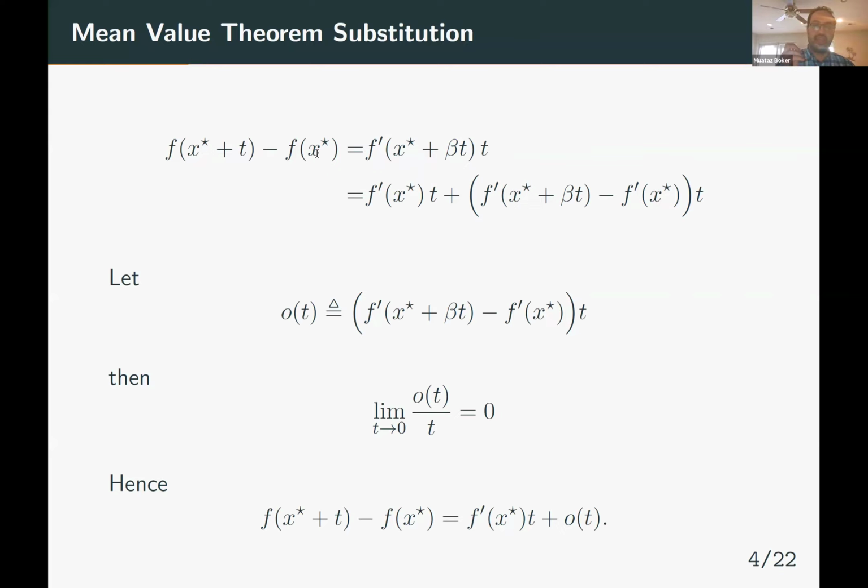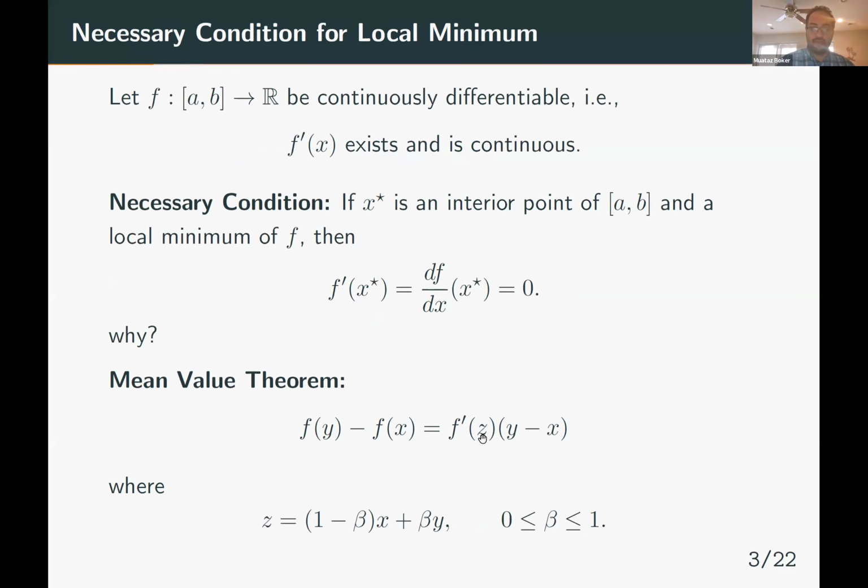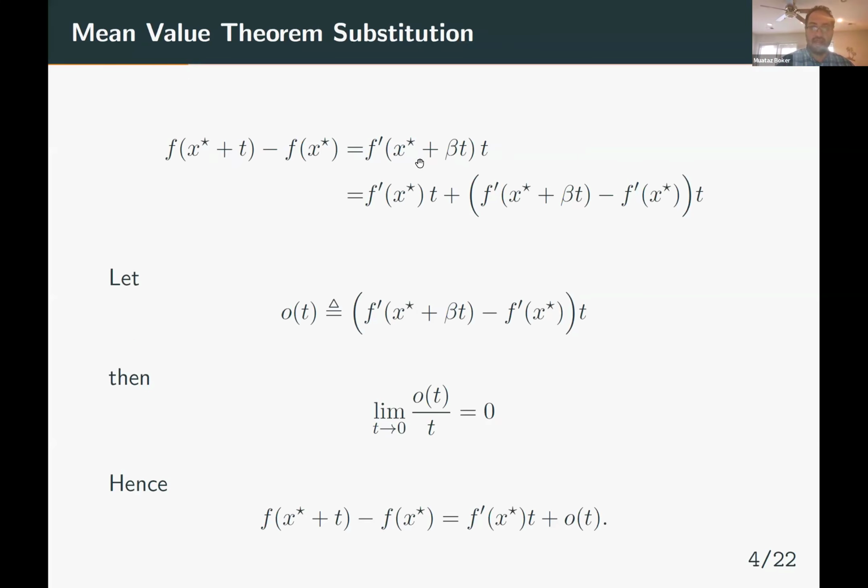So basically, we have a perturbation in t near the minimum point. If you now use this formula and this z, you can verify that you can add and subtract f prime of x star times t to this equation. And then I'm going to define this term as o of t.